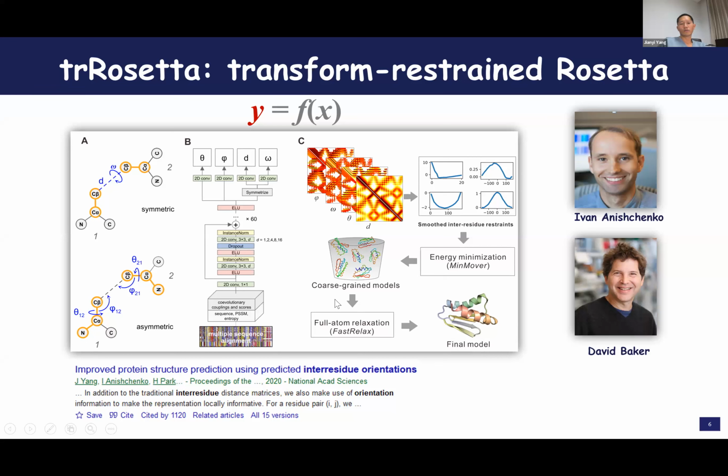In this work, by collaborating with David Baker, we found that besides this interresidual distance, shown here as the first image, we use other orientations to approximate this 2D image, not just one.